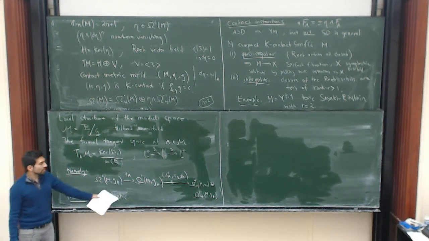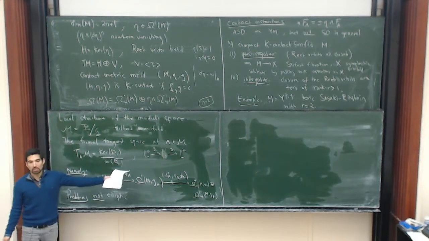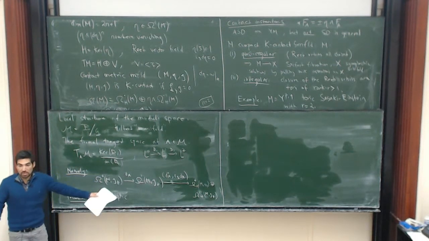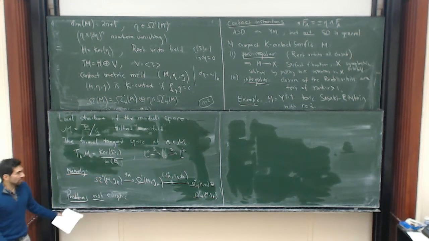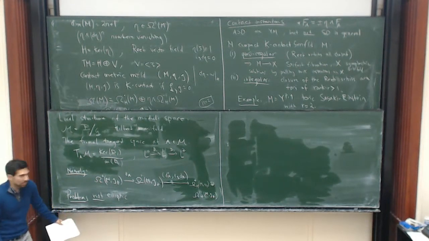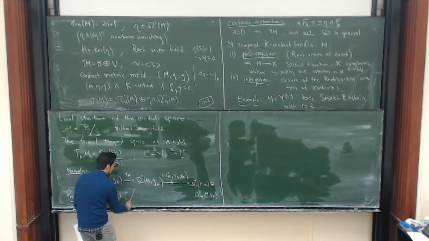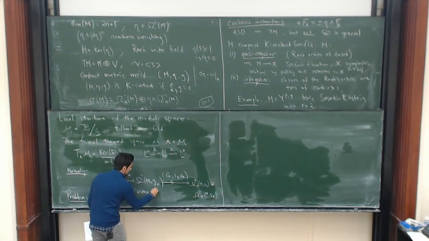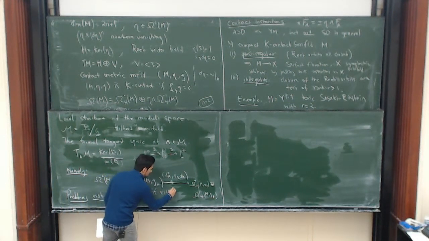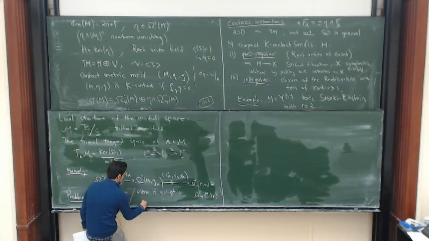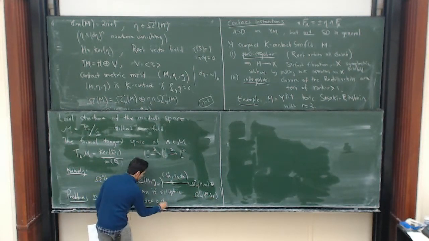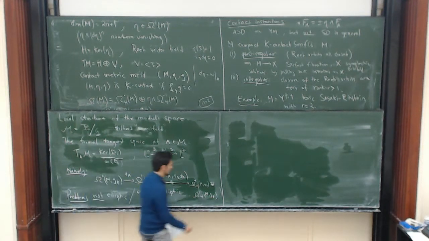And even if it was elliptic, we're on an odd-dimensional manifold, so the index is 0. So it is useless if you want to compute the dimension of the moduli space. So not elliptic, and even if elliptic, the index would be 0. So it's not useful.